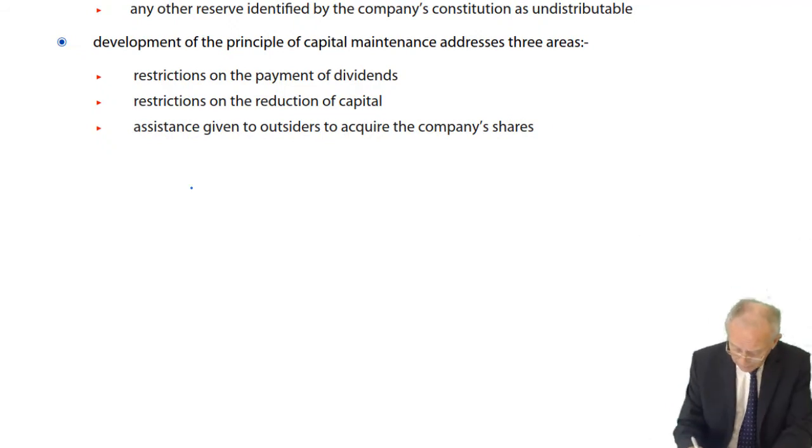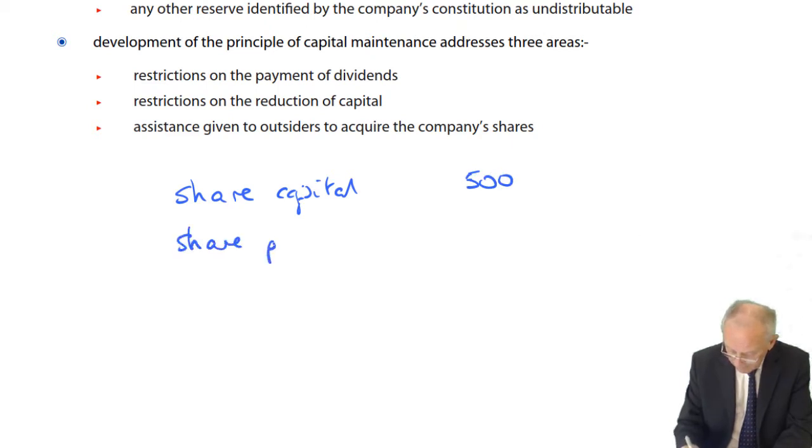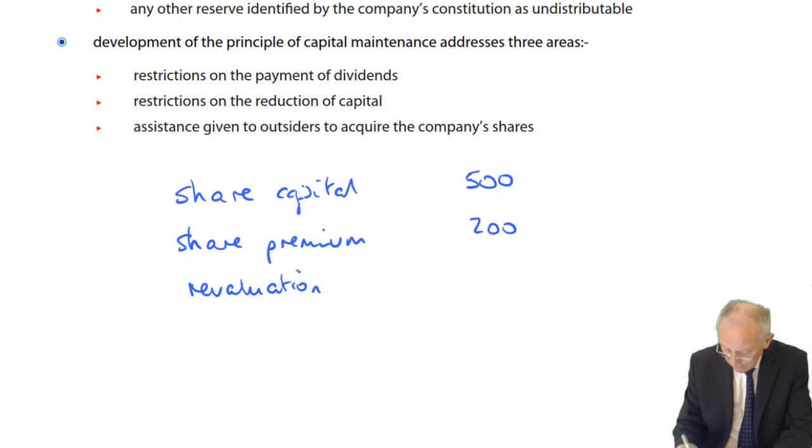Imagine we have a company with share capital, and I'll keep the figures very simple, 500. And we have share premium, we'll say 200, and a revaluation reserve of 150, and then we have retained earnings.